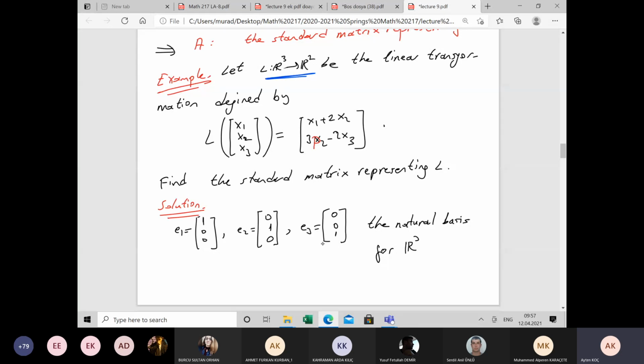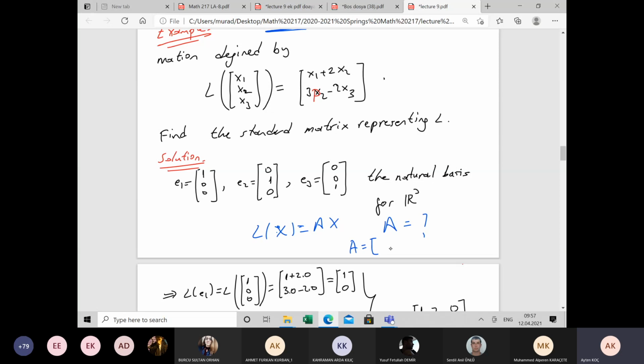We know these are the basis for R cube. So how to find L of x equals AX? Our aim is to find the matrix A for this L. Look at the first column: L of E1, the image of the first vector in the basis. The second column is the image of the second vector, and the last column is the image of the third vector. So L of 1 0 0: what is the formula for L?